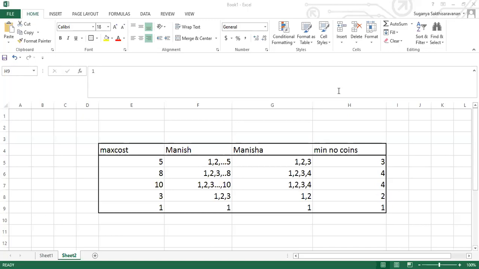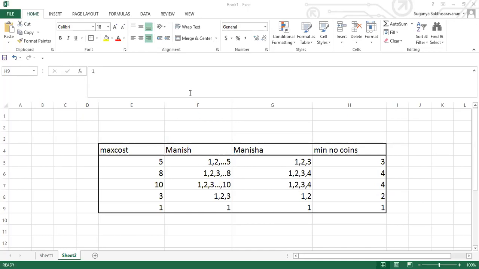So what is the logic? What's the logical sequence behind it? Can you people let me know? Have you found the logical sequence?